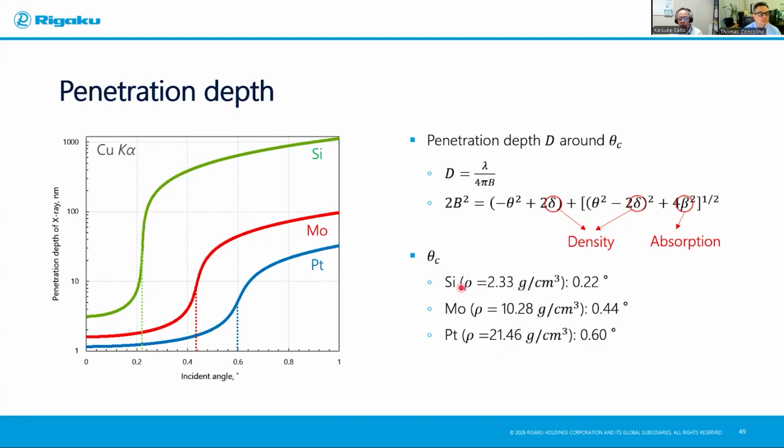As you see, as density goes up, theta c also goes higher and higher. And most importantly, if you look at how deeply X-ray penetrates around theta c, the penetration of X-ray is very limited to the topmost surface area, a couple of nanometers from the sample surface.